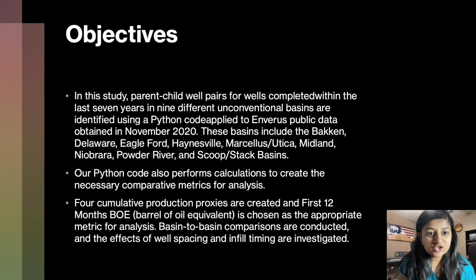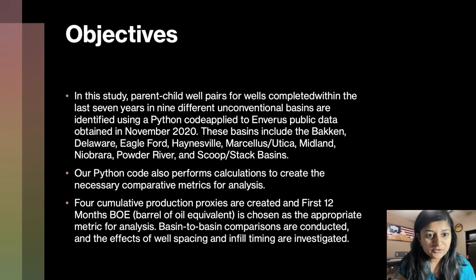In the study, parent-child well pairs for wells completed within the last 7 years in 9 different unconventional basins are identified using a Python code applied to an Enverus public dataset acquired in November 2020. These basins include Bakken, Delaware, Eagle Ford, Haynesville, Marcellus, Utica, Midland, Niobrara, Powder River, and Scoop Stack basins.